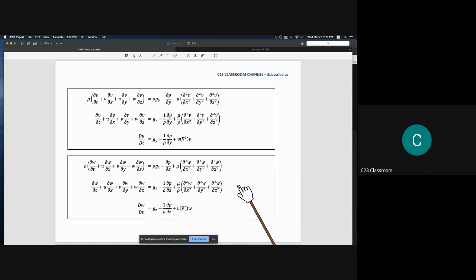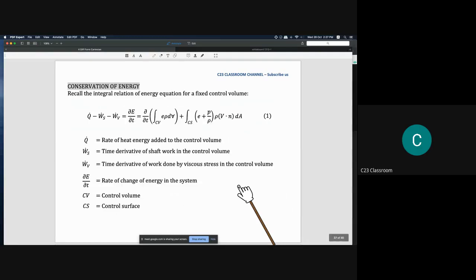Now we are going to go through the idea of energy. The conservation of energy in the Bernoulli equation for incompressible flow can be used, but if you do simulation and so on, you need a very specific term for the energy.